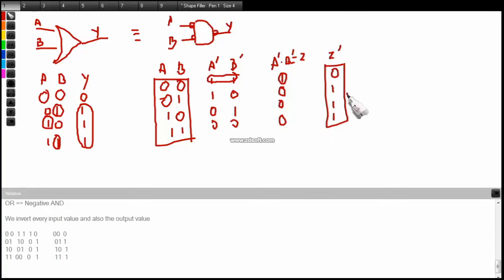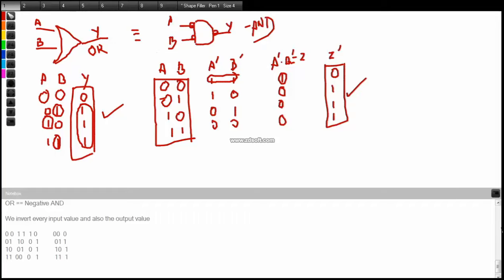Can you see this output matches with this output for the same set of inputs? So what do we find? This OR gate is equivalent to negative AND gate. So this is how the negative logic works.